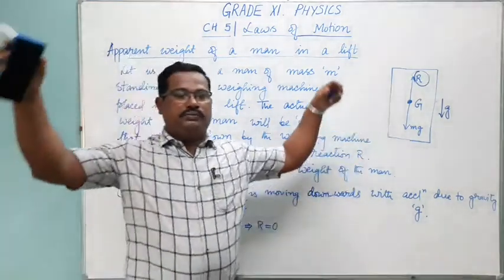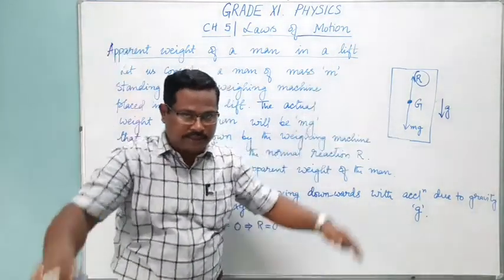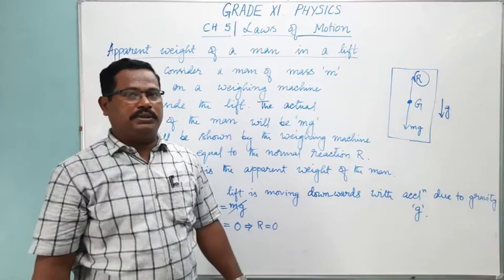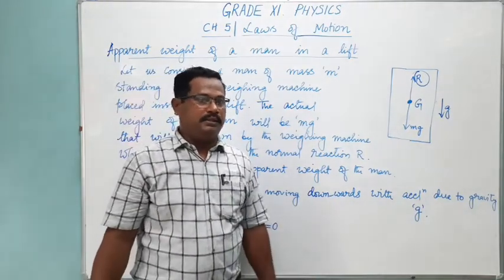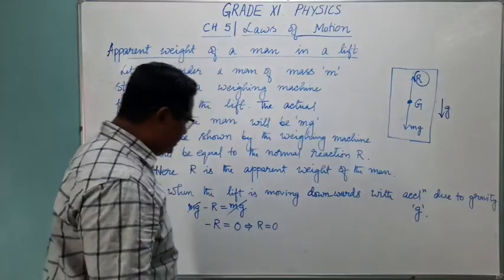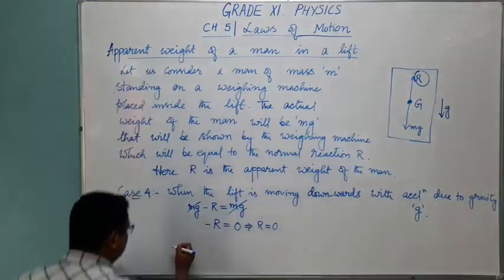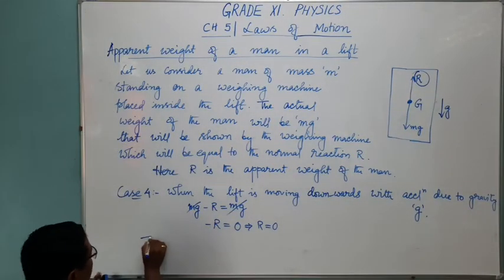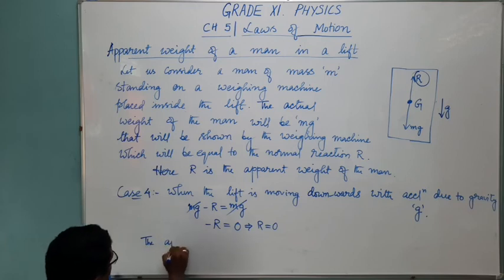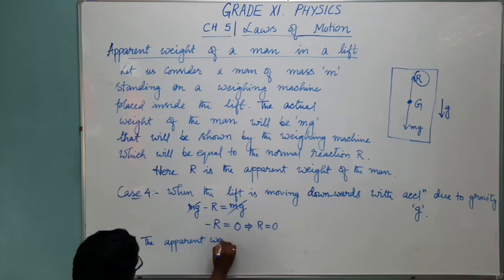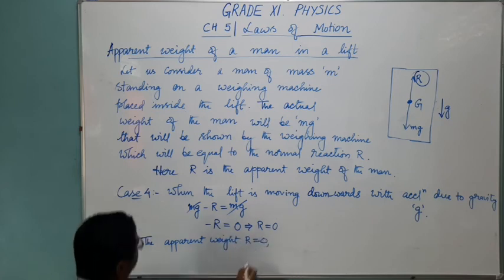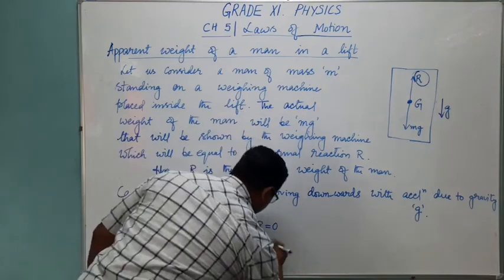When a man falls freely due to acceleration due to gravity of the earth downwards, then he will feel that he does not have any weight. That we call weightlessness. This is the condition of weightlessness. The apparent weight R equal to 0 indicates the case of weightlessness.